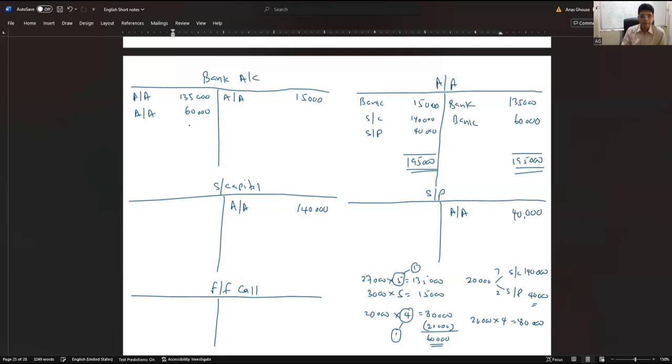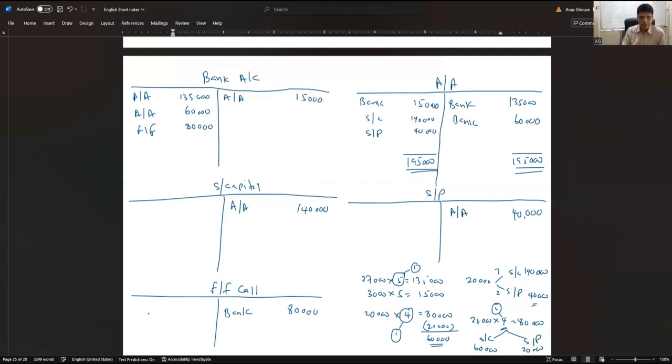So bank account will be debited 80,000. First and final call account will be credited 80,000. Now this $4 also includes $1 share premium. So therefore the share capital account will be 20,000 times 3, 60,000. Then share premium account will be 20,000 times 1, which will be 20,000.